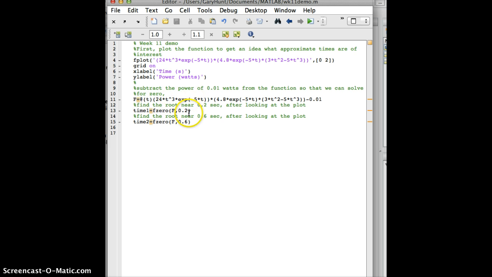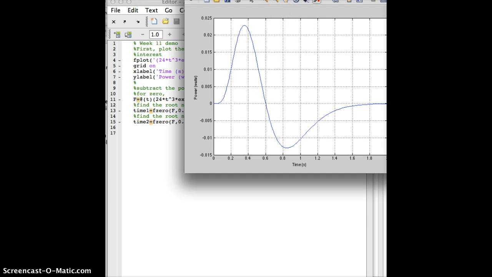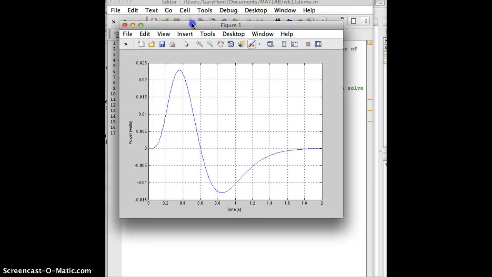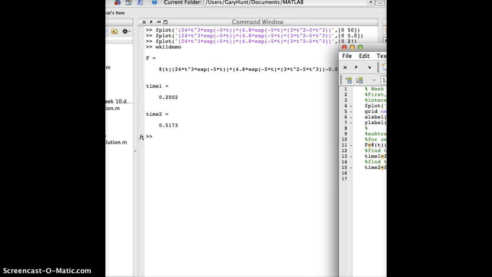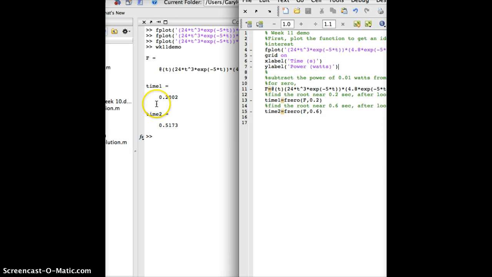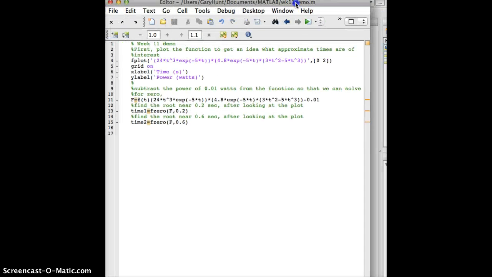And we expect one around 0.2 and one around 0.6. Let's see what happens when we run it. Click the run button. There's our graph. That looks familiar. What sort of roots did we get? Hey, we have one at time of 0.2 and one at time of 0.5173. All right, so that looks good.